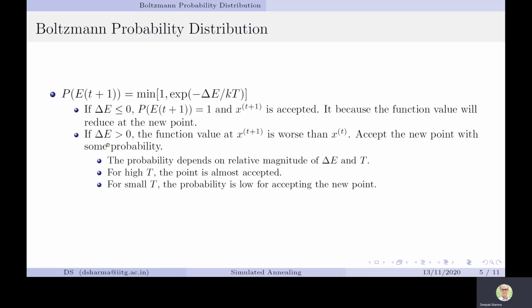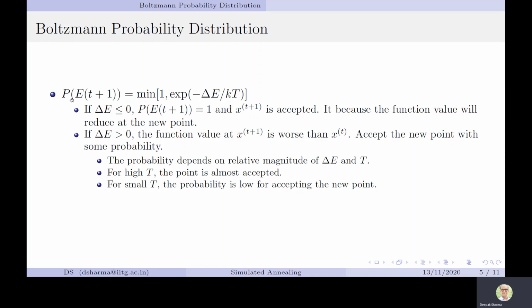What if the delta E value is greater than 0, meaning the function value at xt+1, which is the new point, is more than at the current point xt? So we are going to accept this particular point depending on the following things. First of all, it depends on the probability. The probability depends on the relative magnitude of delta E by t.